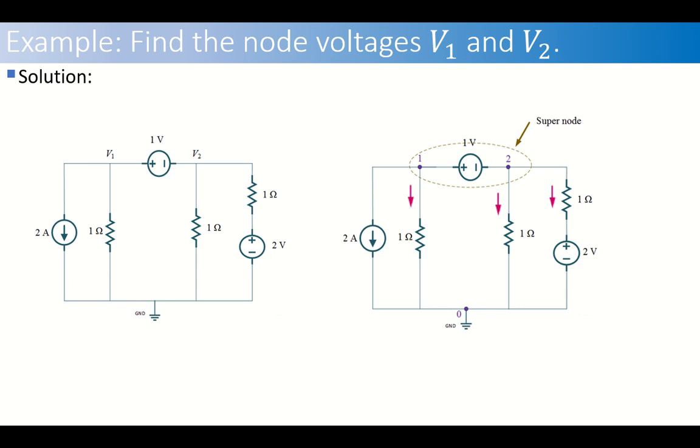And you can see one thing: this 1 volt battery is connected between two non-reference nodes, and there's no resistance here, so this means that we have to construct a supernode here. The other voltage source is connected between the ground node and a non-reference node, so there's no need to construct a supernode there, and also some resistance is given in this branch, so we can easily write down the equation for the current.